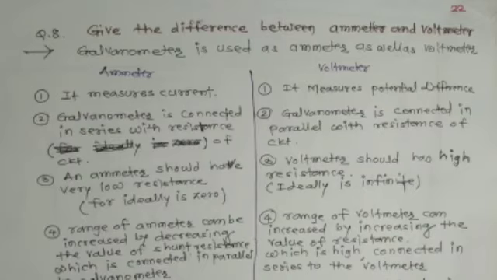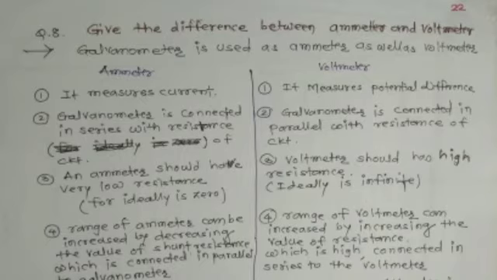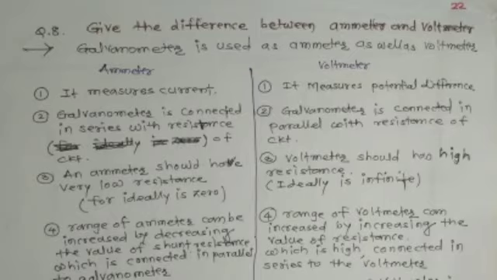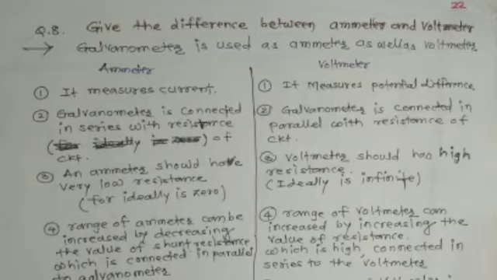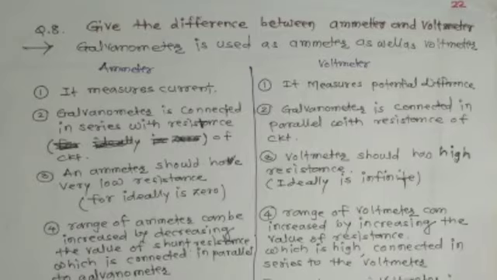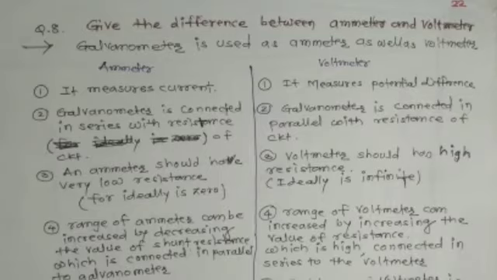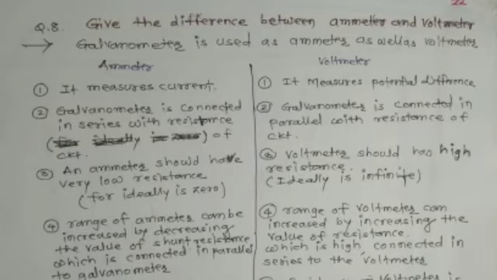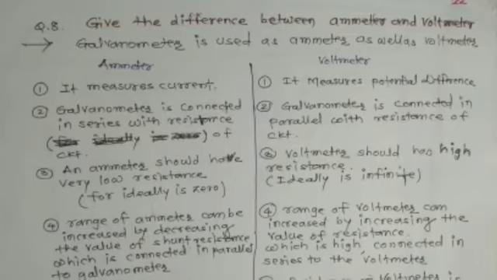Question number 8. Give the difference between ammeter and voltmeter. First of all, we know that a galvanometer is used as an ammeter as well as a voltmeter. So, two columns, ammeter and voltmeter.